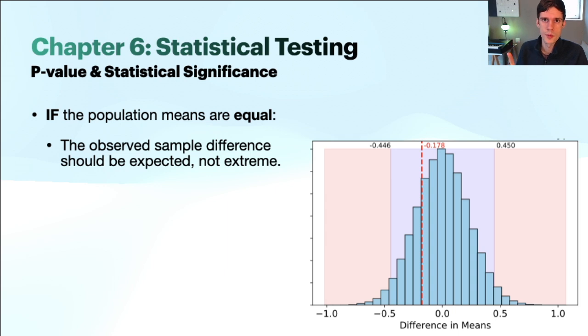The first scenario is that the null hypothesis is indeed correct, namely that there is no difference in means of the underlying populations of our sample datasets. Now, this means in turn that the distribution here is indeed the correct distribution. And if this is the case, our sample statistic should be in line with this distribution.